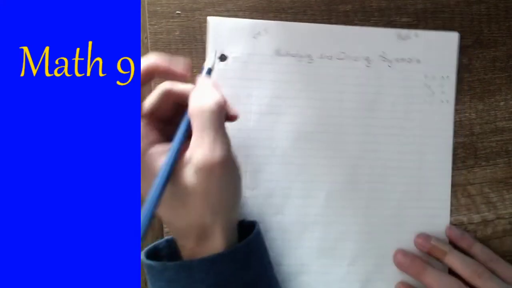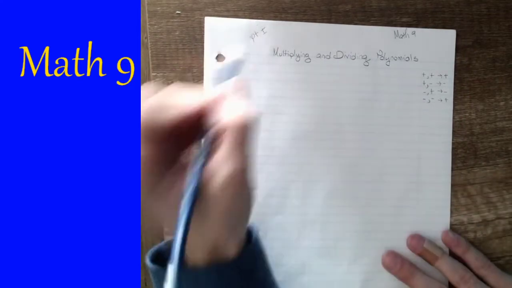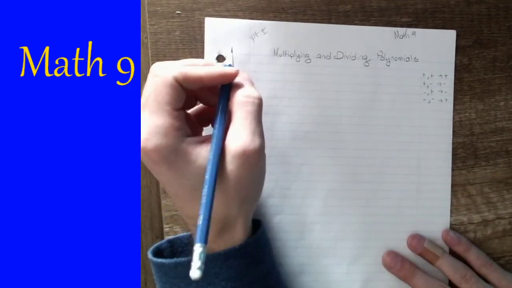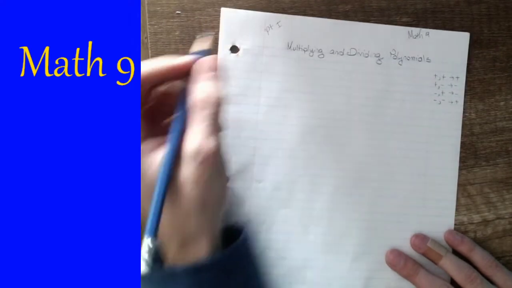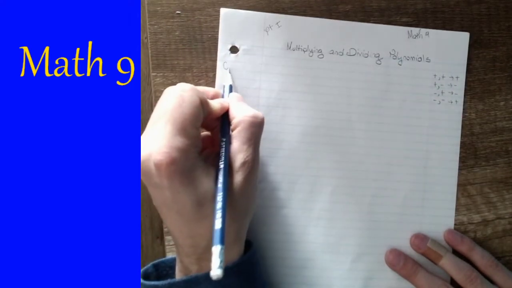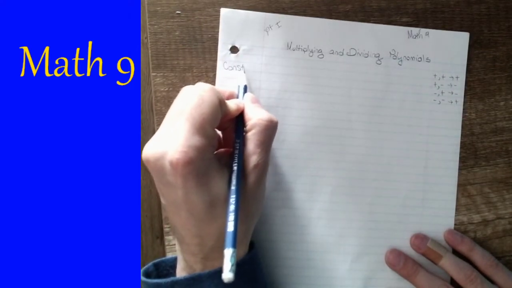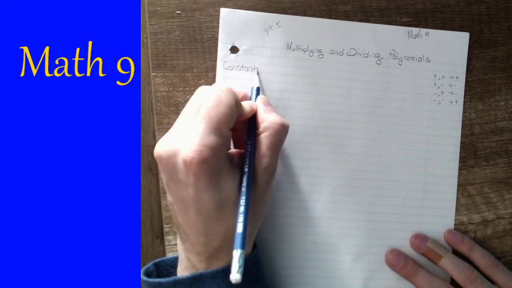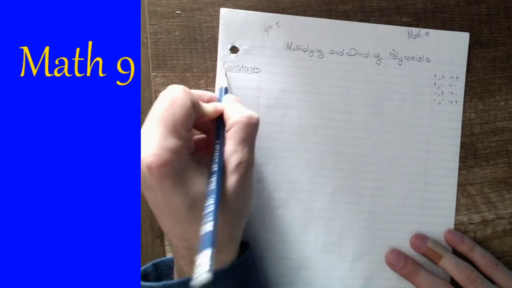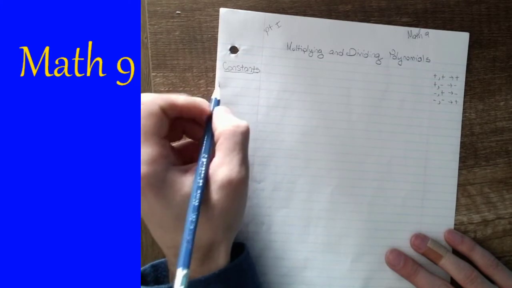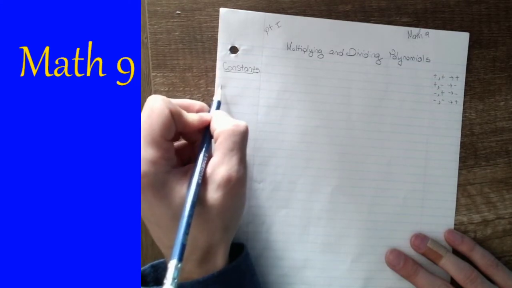So let's begin with multiplying a polynomial. And for the most part, all of the things that we're going to multiply by are constants. So I'm going to bring up that word again. What does constant mean? It means kind of like a regular number.